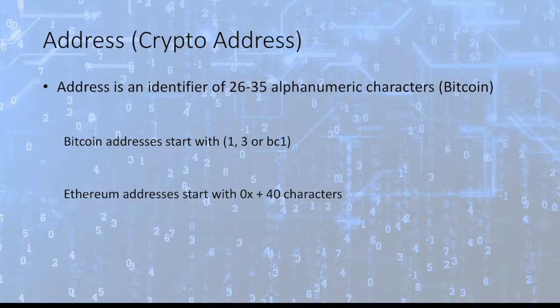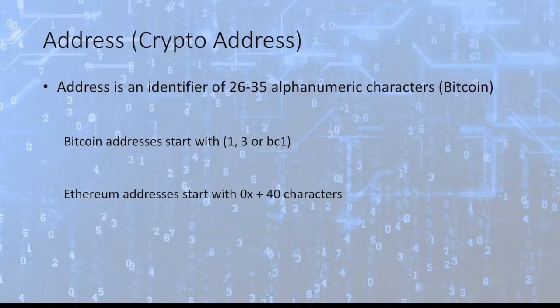And there are a bunch of other blockchains out there that have their own set of rules for addresses. So if you're trying to get into cryptocurrency, maybe you want to own a little bit of Bitcoin, a little bit of Ethereum. First of all, you need to have an address, a Bitcoin address, an Ethereum address. And with that address, that's what you're going to use to send and receive transactions.